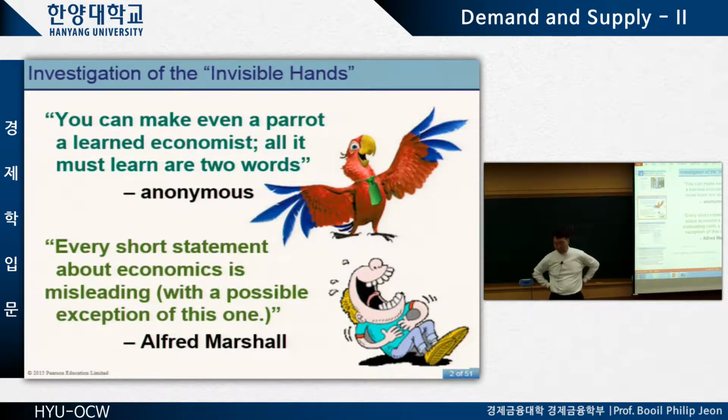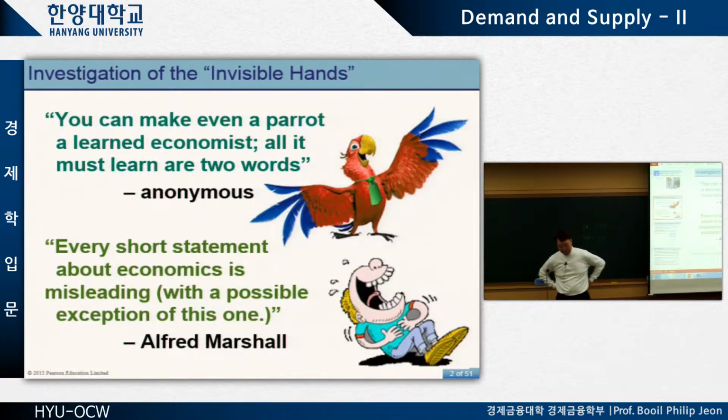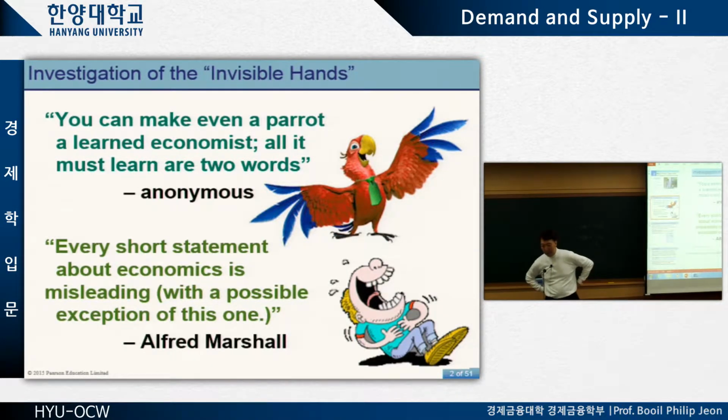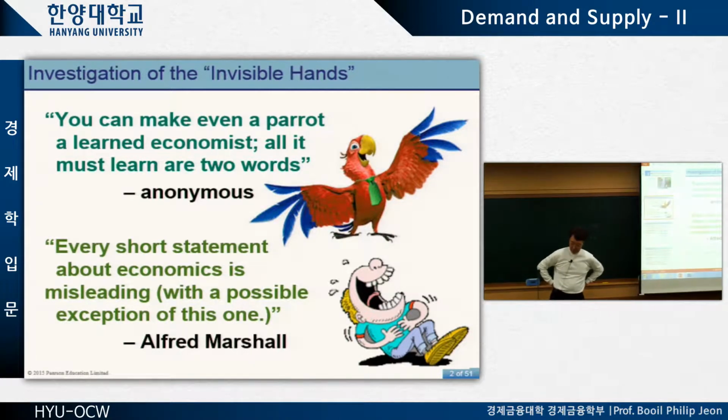Well, first of all, there's a joke here. Someone said that you can make even a parrot an economist if you can teach the parrot 2 words. Can you guess which are those 2 words? If you can teach a parrot 2 words, then that parrot can be an economist.